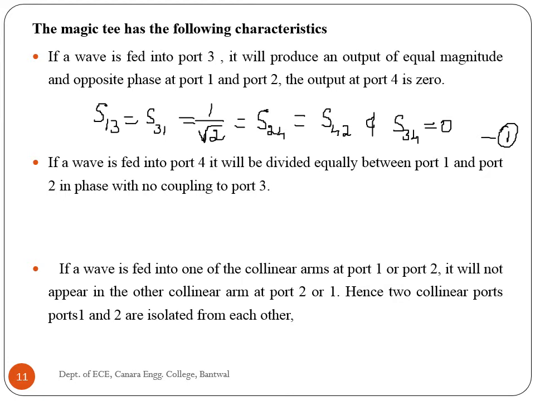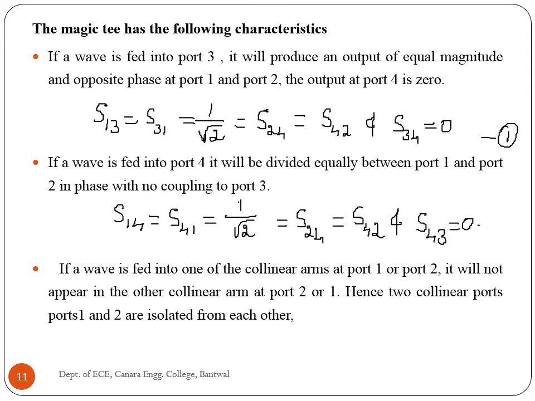If wave is fed into port 4, it will be divided equally between port 1 and port 2 in phase with no coupling to port 3. Thus, S14 equal to S41, which is equal to 1 by root 2, which is equal to S24, which is equal to S42, and S43 equal to 0.